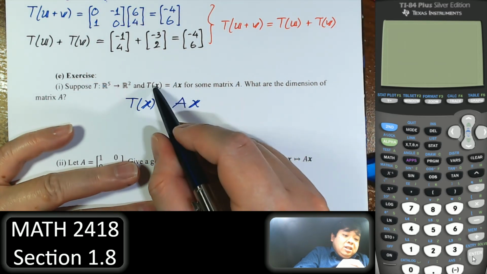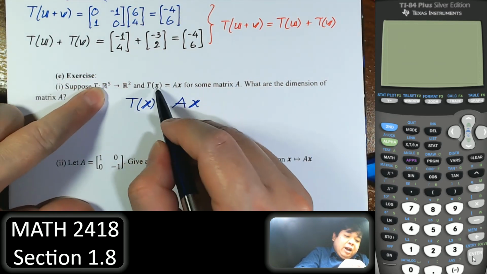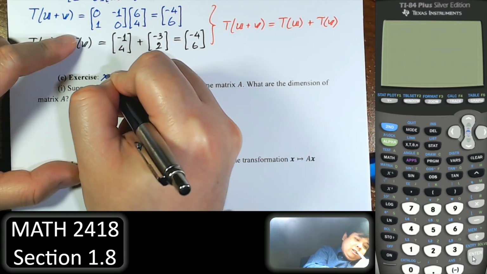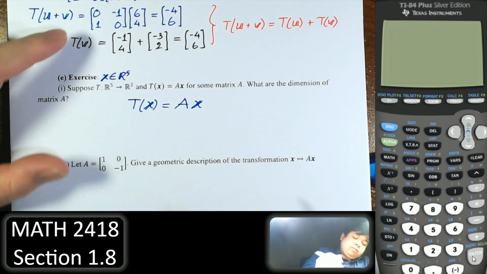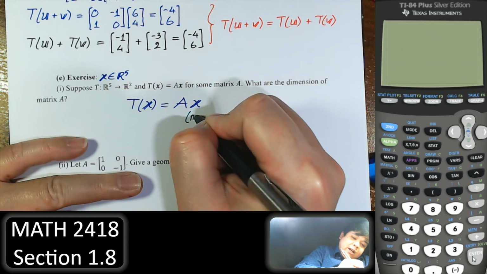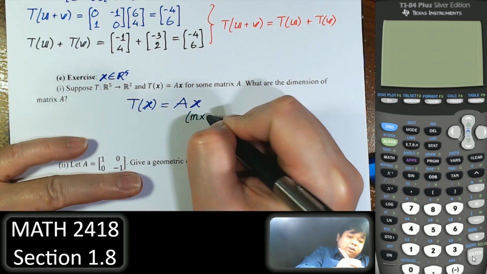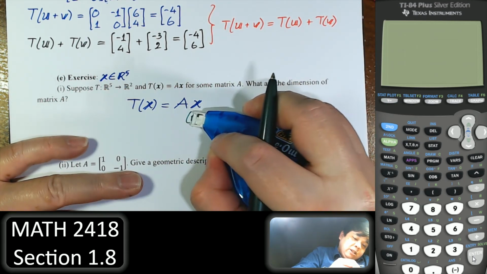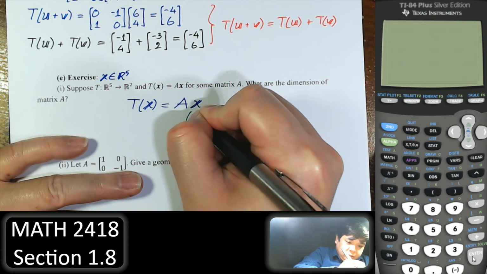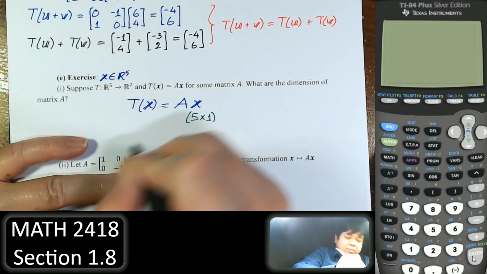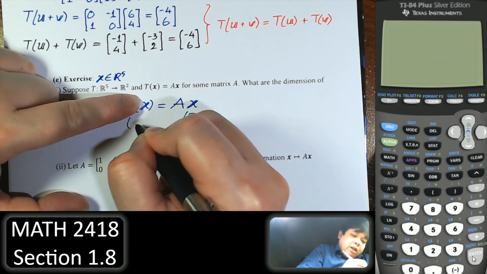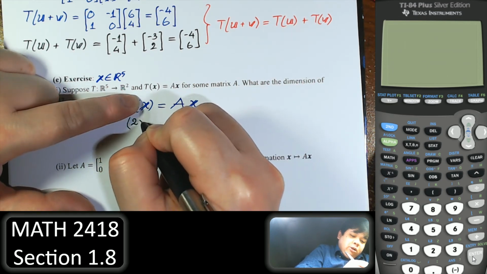We do know x is in R5, so x is a vector with 5 rows, 1 column. Now the transformation will be into R2, so the result is going to be 2 by 1.